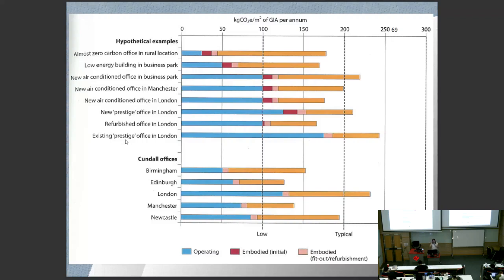But if we use the whole carbon footprint concept to do the analysis, it is found that their difference is actually not too obvious. Still, the existing building in the city center has a higher whole carbon footprint, but the difference is actually not very large. That's the main point.